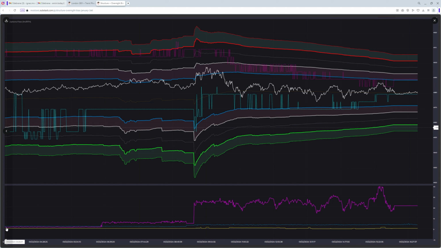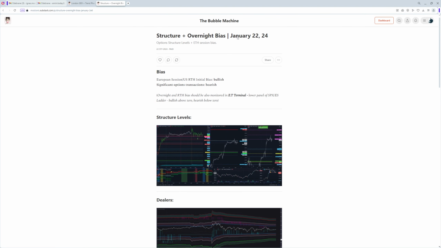And if you see that the violet line, so the dealer's sentiment line, is above 0, then you know that we will trade long, right?